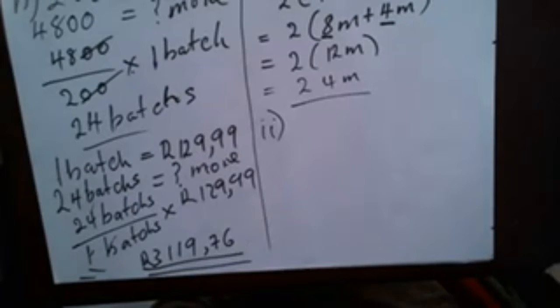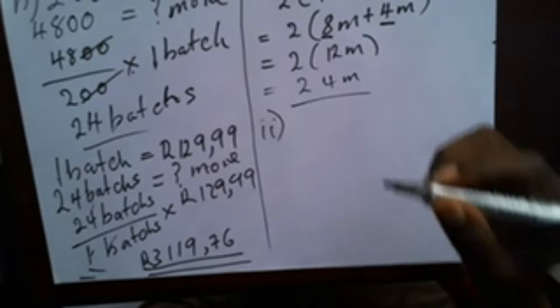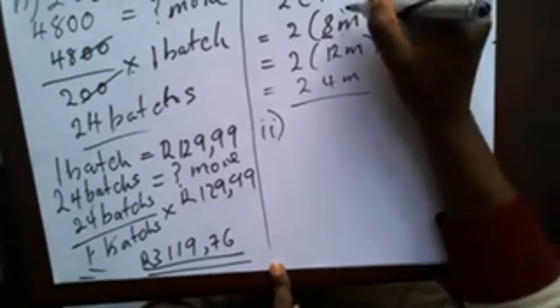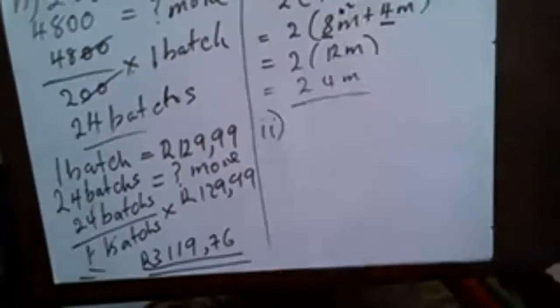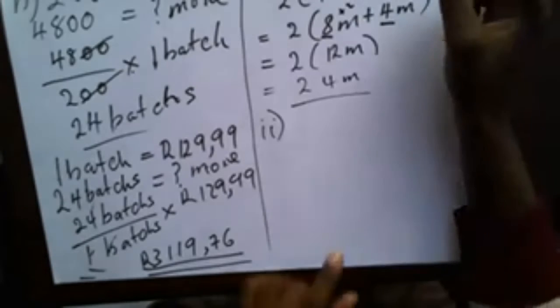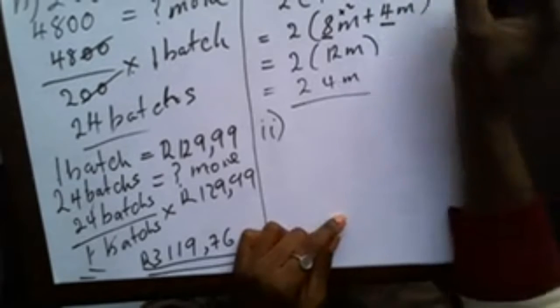So we need to add in the length dimension 2 meters: 1 meter that side, 1 meter that side. So we have plus 2 inside the brackets here, plus 2 for length. Then the same thing for the width, so we are saying times 2 again here.